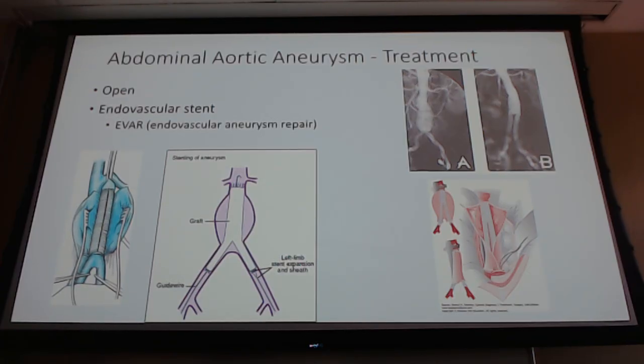Not routinely done anymore because we have endovascular stenting now, so we can do an EVAR, which is the endovascular aneurysm repair. This is done by either a vascular surgeon or an IR who specializes in vascular. Most likely it's going to be a vascular surgeon. They go through the arterial system and deploy a stent.